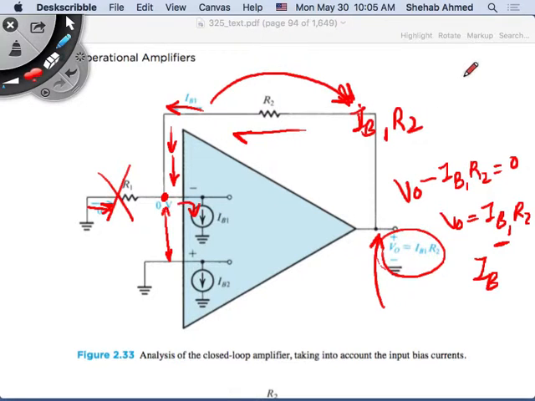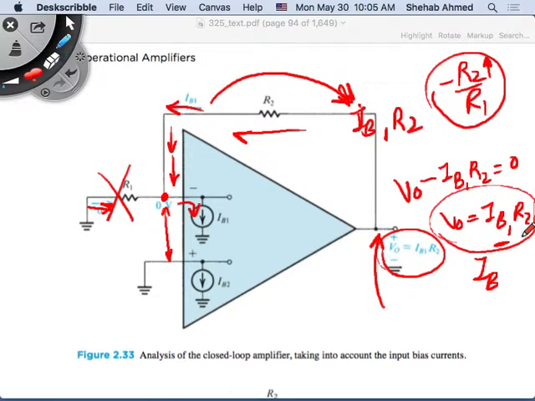In general, it was minus R2 over R1. So if I want a large gain for the inverting amplifier, I need to make R2 large, right? If I make R2 large, what happens to the effect of the bias current on the output voltage? It increases. So they're conflicting again.